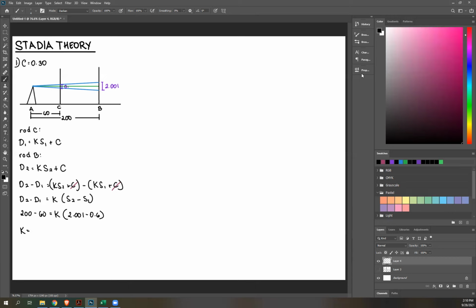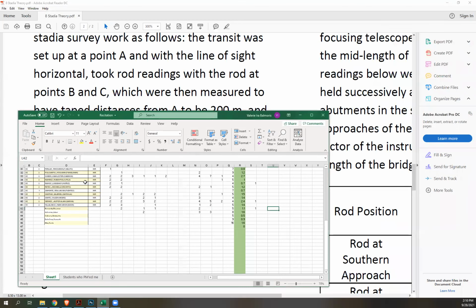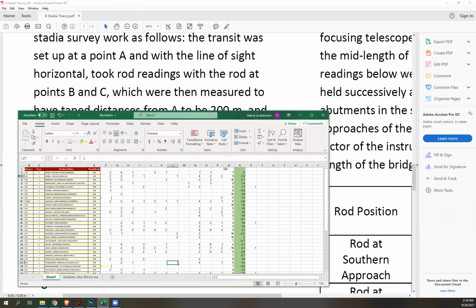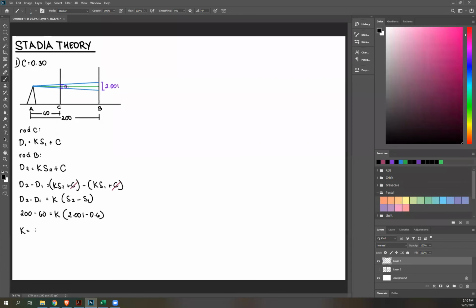Correct. It's 99.93. Okay, now please store that into your calculator.